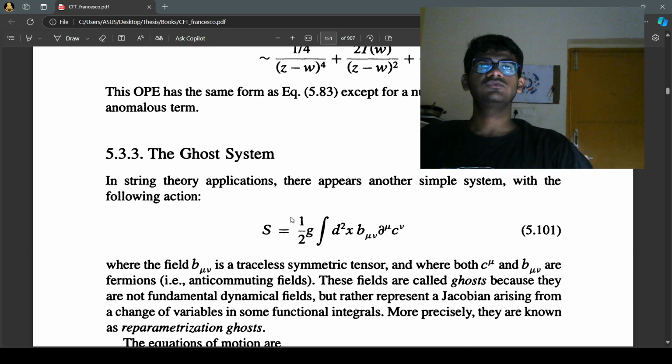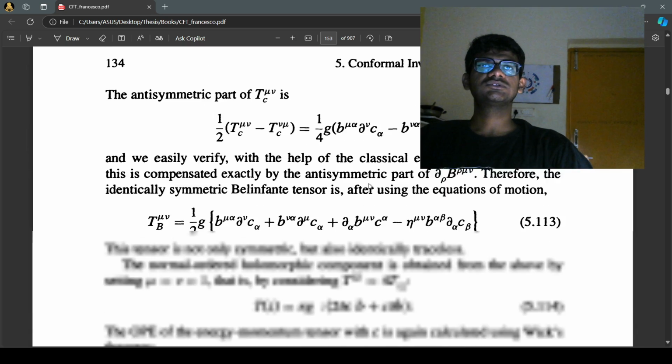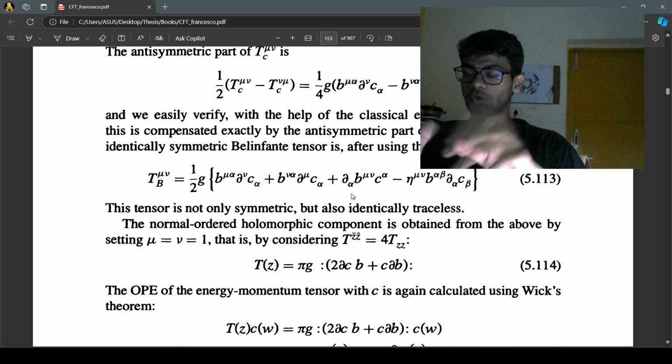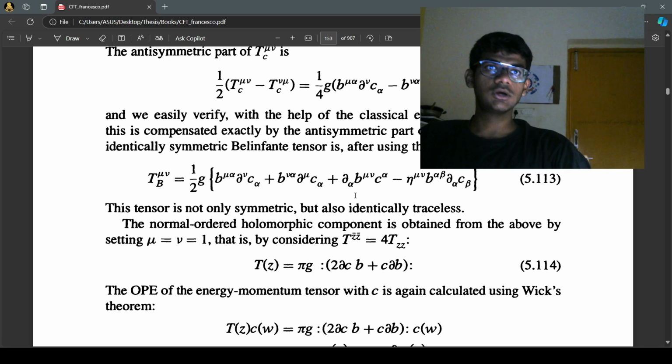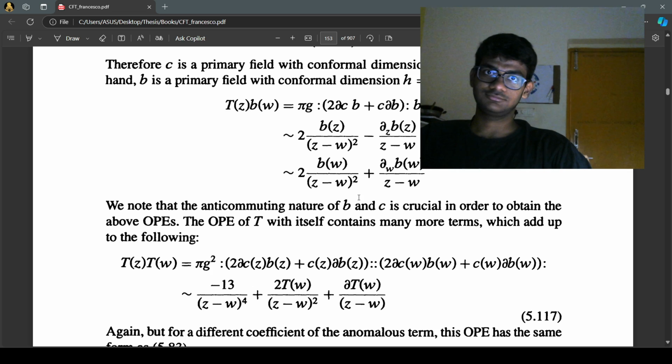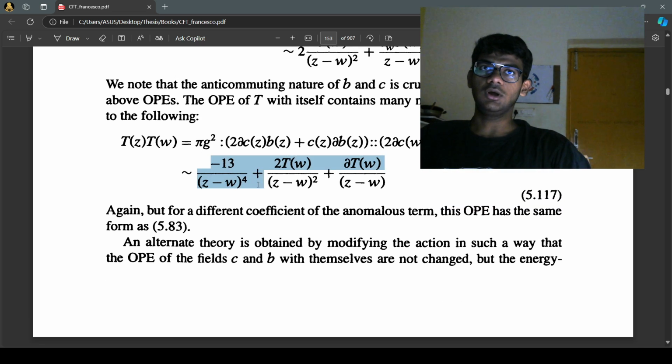So we move to the ghost system. We get the same thing again. The ghost system is apparently a Jacobian of some string theoretic functional integral, I guess. So anyway, you end up with another anomalous term, this time the constant is -13.